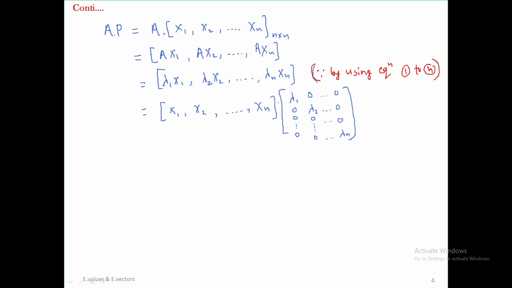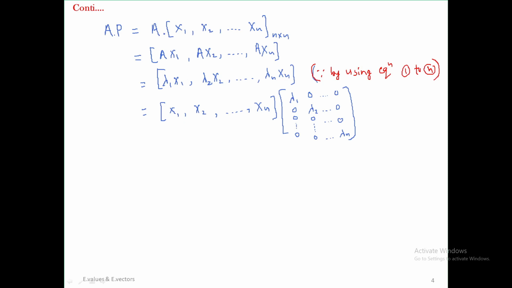Indirectly I am getting only lambda 1 into x1, the first entry. Similarly, for the second entry, x1 into 0 plus x2 into lambda 2 plus x3 into 0 plus, up to xn into 0. So only lambda 2 x2 is obtained. Similarly we get the resultant matrix, so this entire matrix you can split like this.